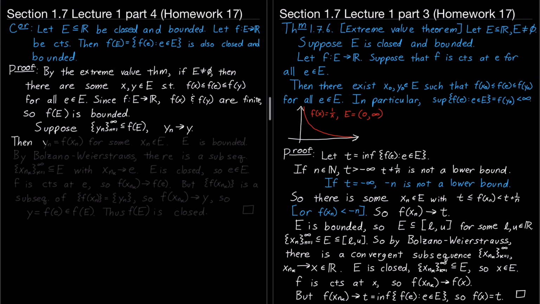Then each y_n is f of x_n for some x_n in E. So that's what f of E means. It's the f's of something. So each y_n is f of x_n. But remember, E is bounded.